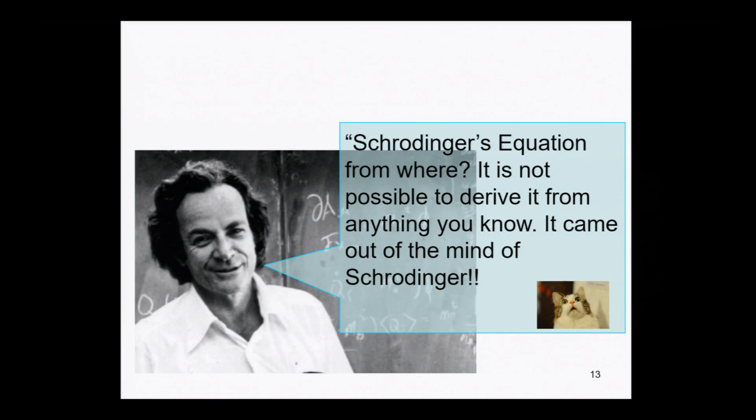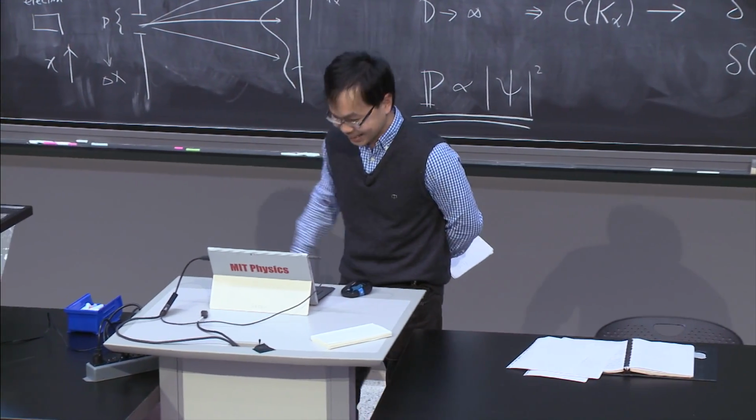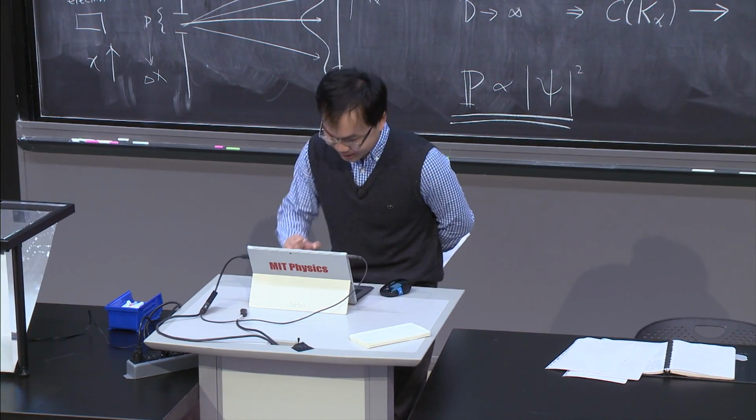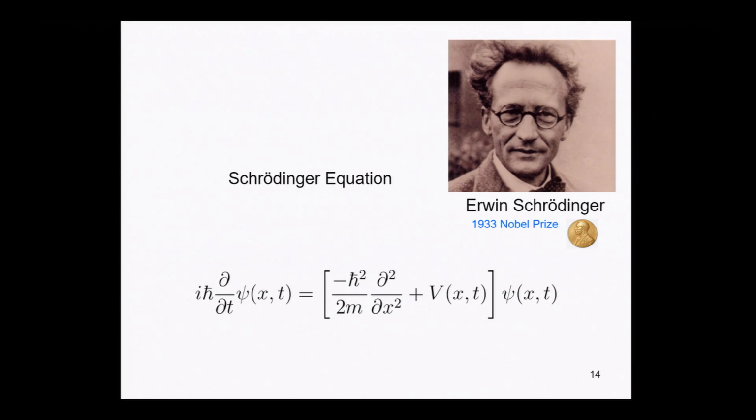So Feynman once commented on the origin of Schrodinger's equation. Where is it from? It's not possible to derive it from anything you know. It's just coming out of the mind of Schrodinger, actually. So there's no reason, and it works. That's the beautiful part. So what is this equation? This is the equation Schrodinger actually wrote down.